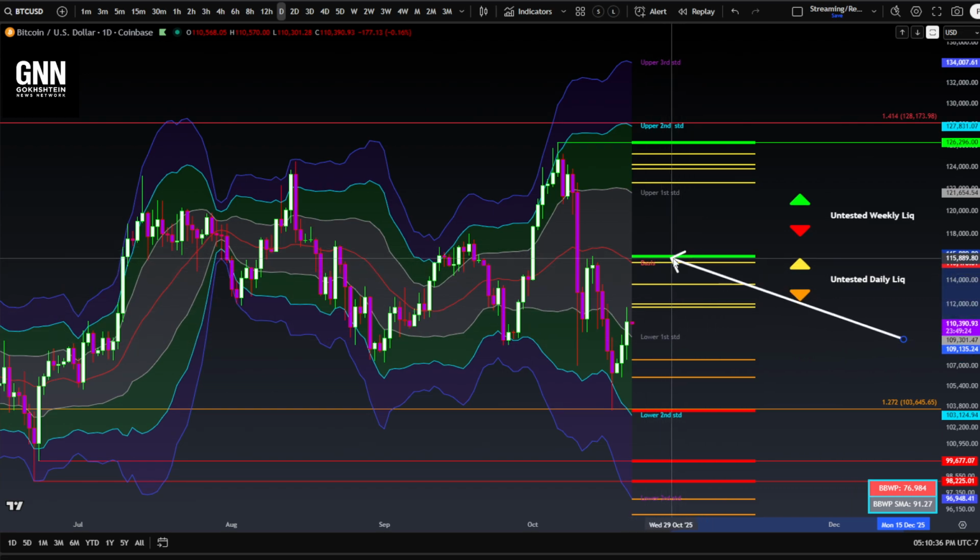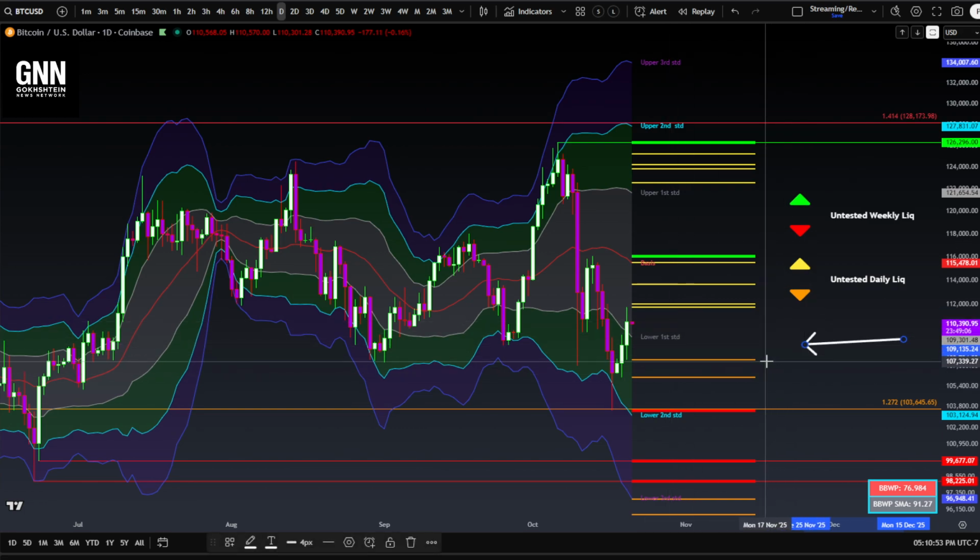Longer term timeframes are going to be more important in terms of areas of liquidity than the shorter term timeframes. But you can get some bias on direction as price either heads up or heads down towards some of these areas of interest.